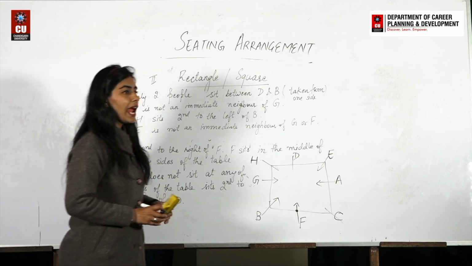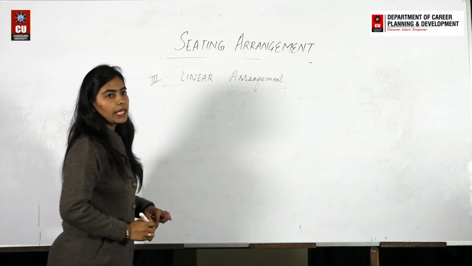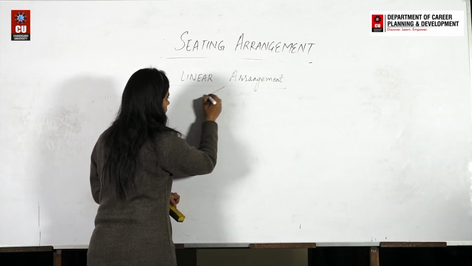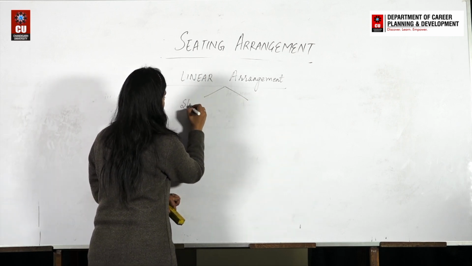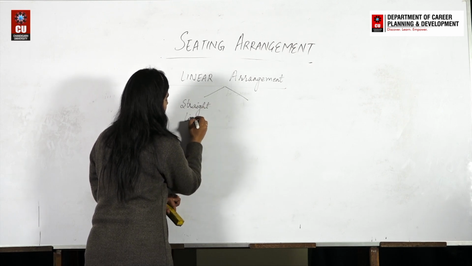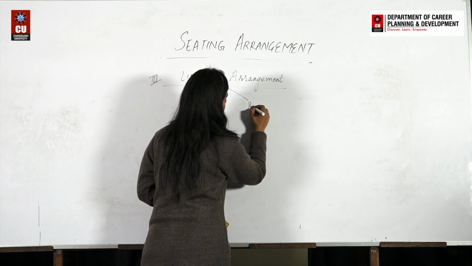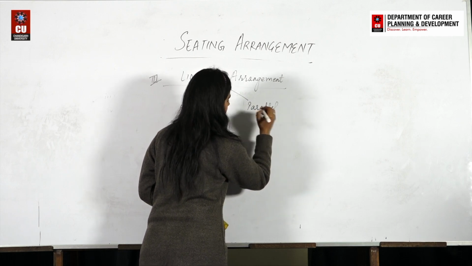Now the last and the third type is the linear arrangement. In linear arrangement, we will discuss two types of arrangement: first is the straight line, second is the parallel row arrangement.